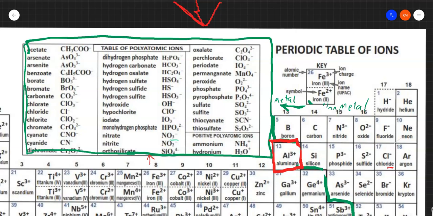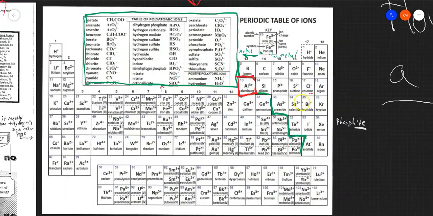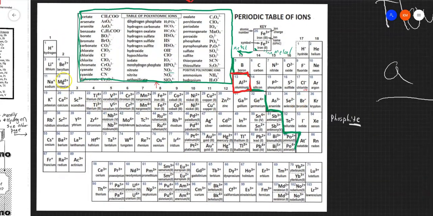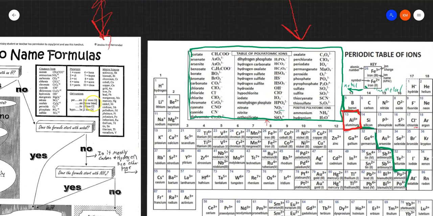Ooh, there is no phosphite on here. I don't like that. Well, let's see if it's over here, because there's common ions over here. Nope, it's phosphate.